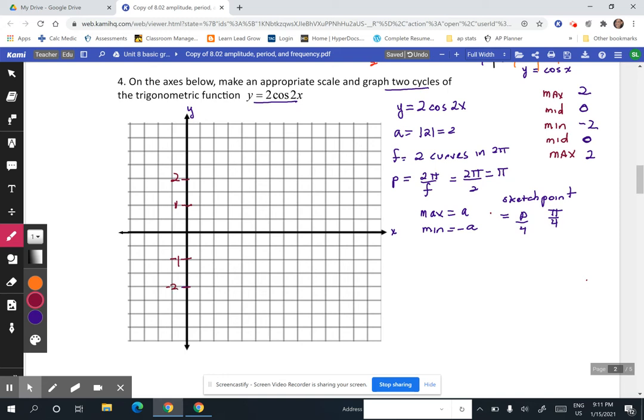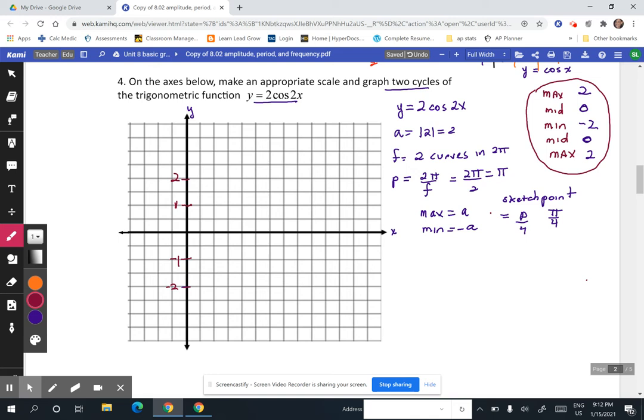On our x-axis in the prior lesson, we said every 3 boxes was equal to pi over 2. That wouldn't work in this case. Since we want to graph 2 cycles, I need enough space so I can graph 10 points. I only have 14 boxes. That means I only have enough space to graph 1 point per box. And so that's what we're going to do. So we're going to graph this pattern and we're going to graph it every box.